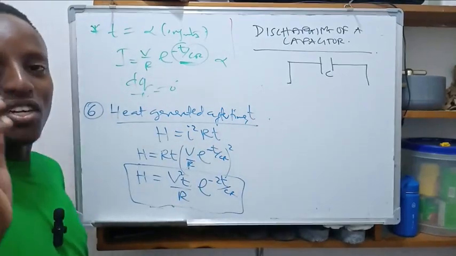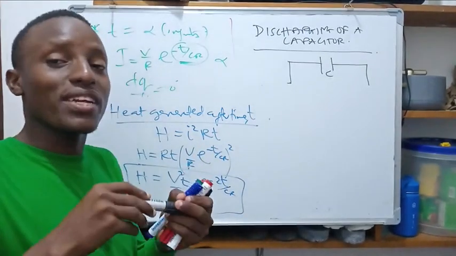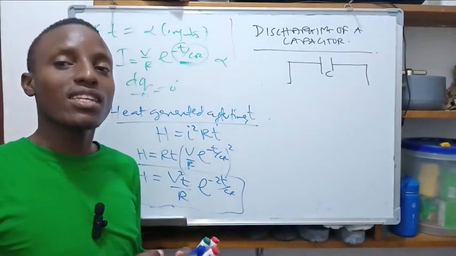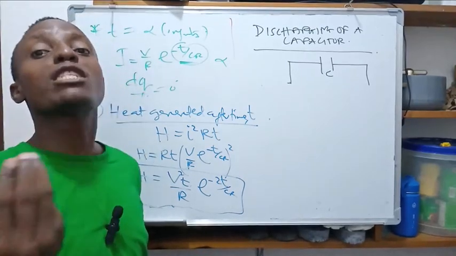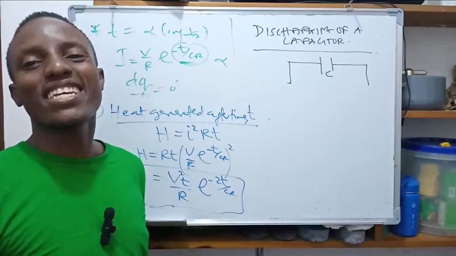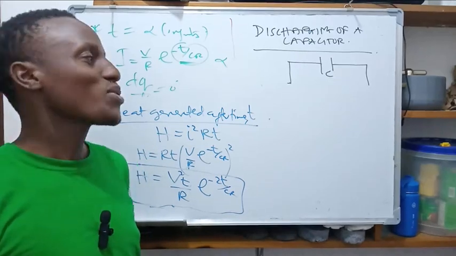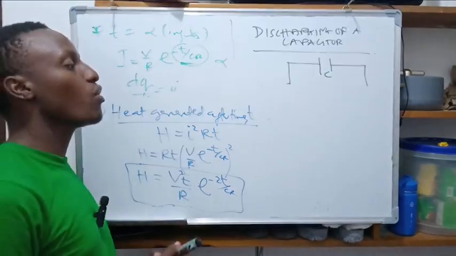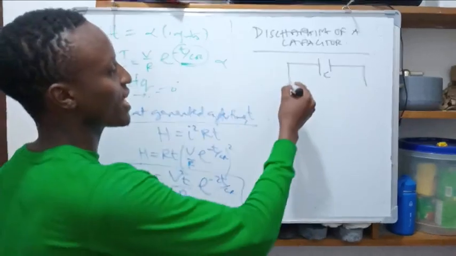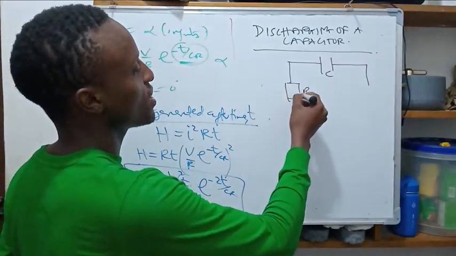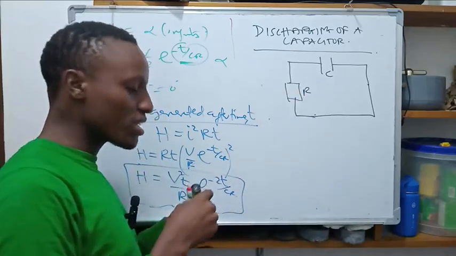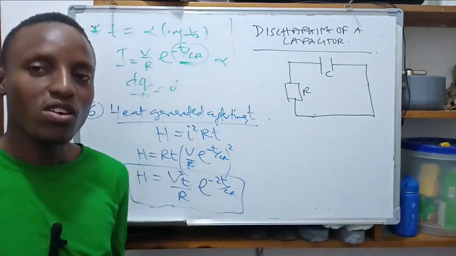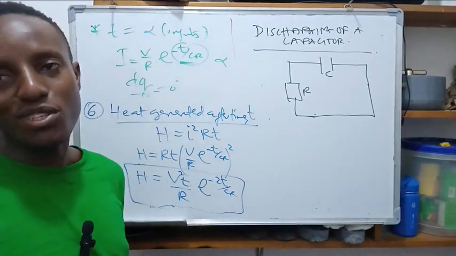Discharging is when you just connect the capacitor with a resistor, such that the energy that was stored in the capacitor is dissipated in the resistor. So we need a device that consumes energy, a resistor here. That's how we discharge, without a supply of energy from the battery.